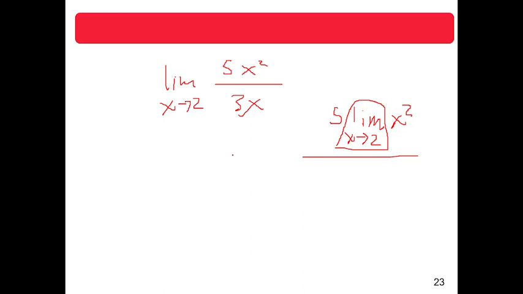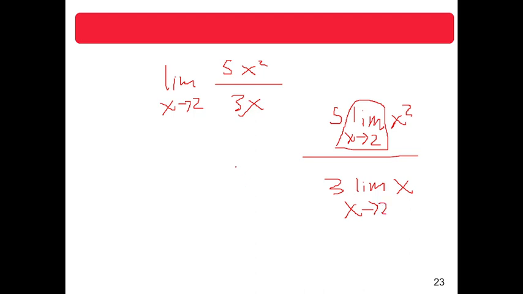Alright. So what is the denominator of your function? It will become 3 times the limit of x as x approaches 2, right?